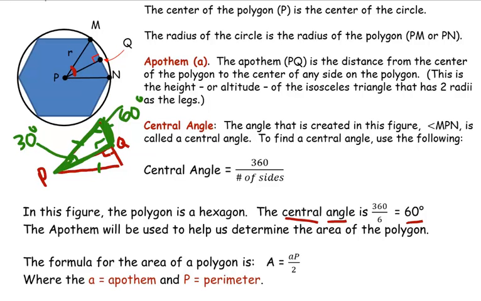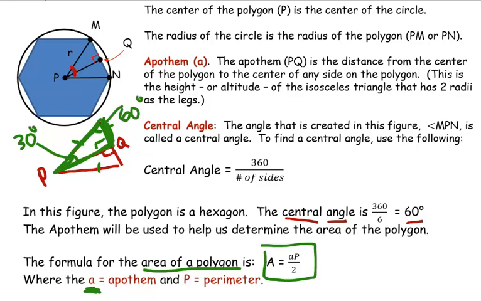So here's the formula. The formula for the area of a polygon is area equals the apothem, little a. If you look on the formula charts, it's going to be little a, the apothem, times the perimeter, and then divide by 2. Think about it: the apothem is going to be the exact same length regardless of which isosceles triangle I'm in.